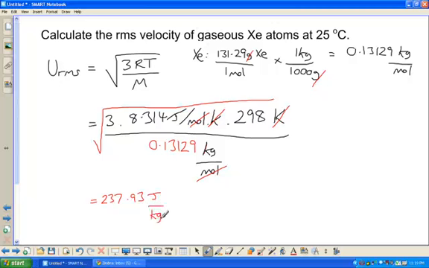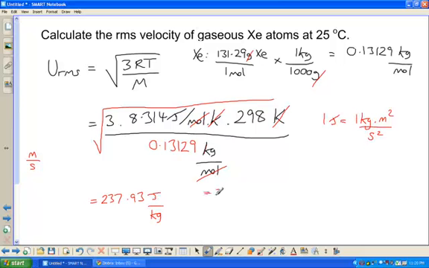Now we're looking for a velocity here, units of meters per second. Obviously, joules per kilogram looks nothing like meters per second. The fact is, 1 joule can be expressed in a different set of units. 1 joule is 1 kilogram meter squared per second squared. So we can take all this and plug it into here.